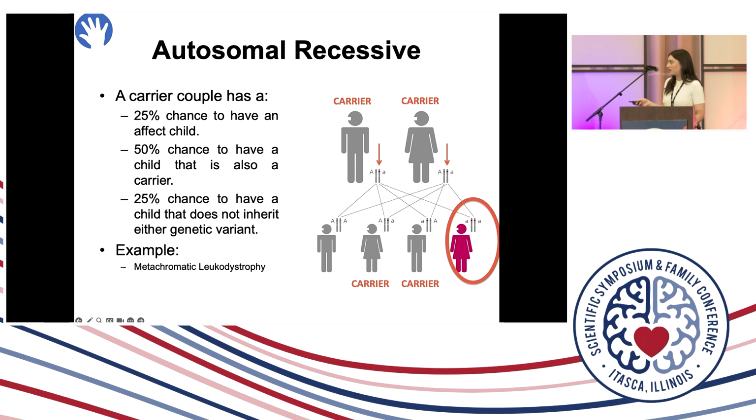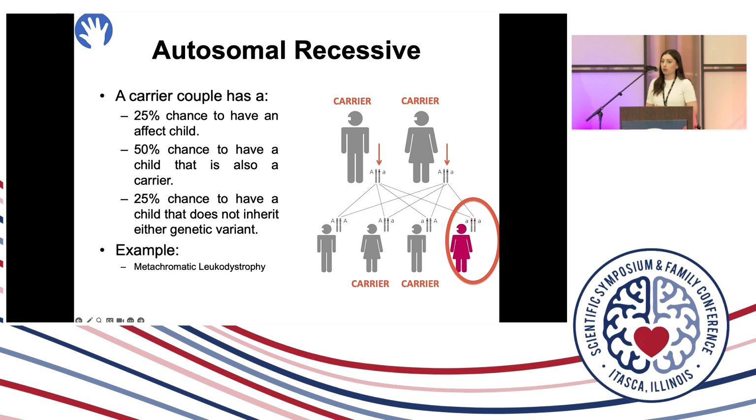They will also have a 50% chance to have a child that is also a carrier, just like them. So either mom passed on her genetic change or dad did, but the other parent passed on that normal copy. And they will also have a 25% chance to have a child that does not inherit either genetic variant. And so that child is not even a carrier for this condition that's running through the family.